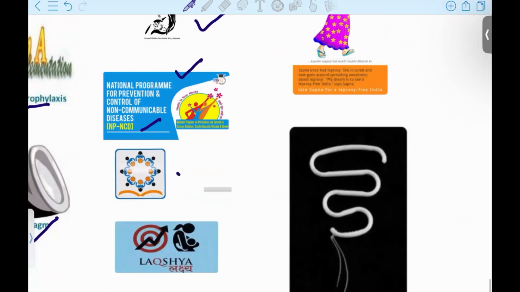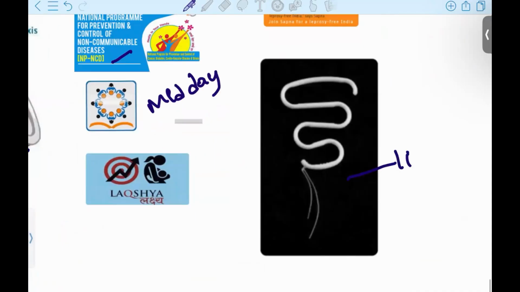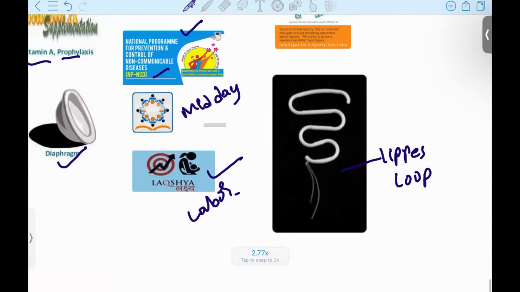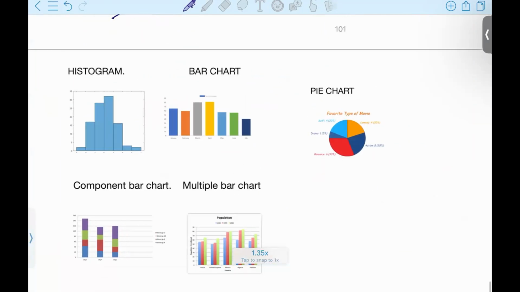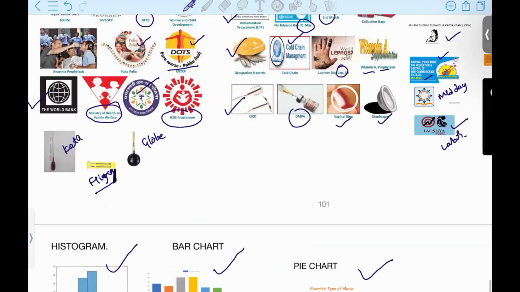This is the midday meal. And this is known as the Lippes loop. Laksha for labor. Okay, next. This is the histogram, bar chart, component bar chart, and multiple bar chart. And this is the pie chart. Image-based questions can be asked from these images.